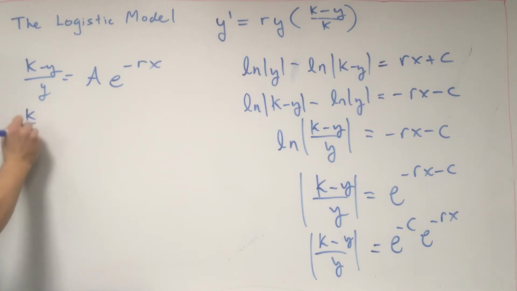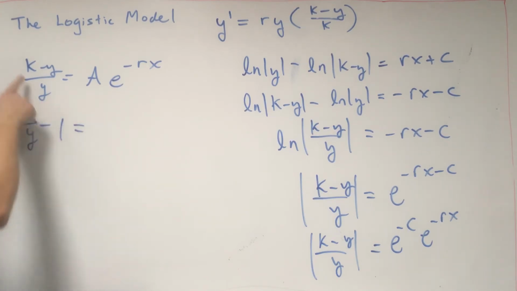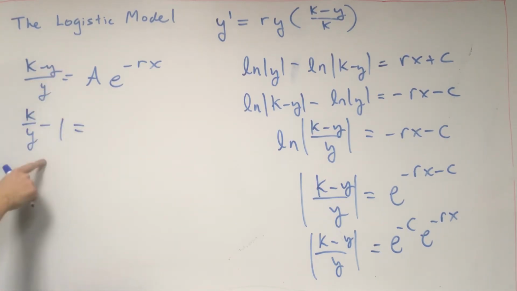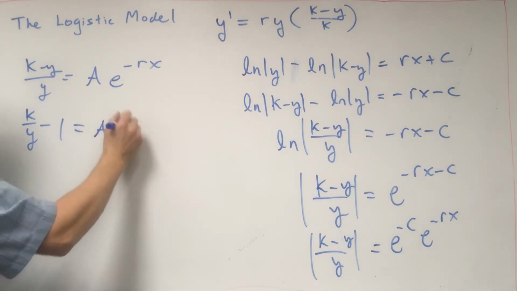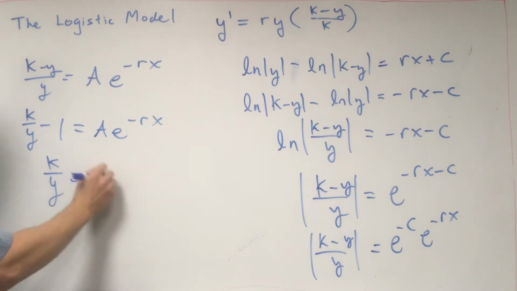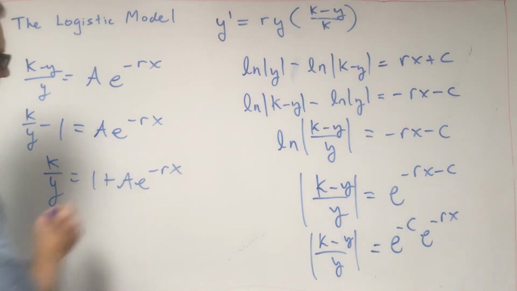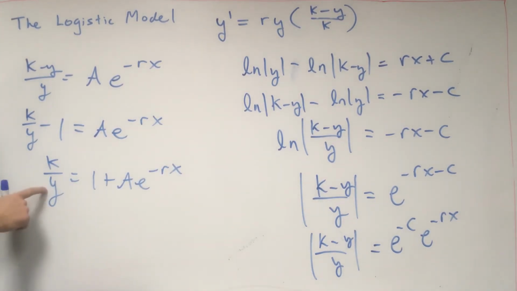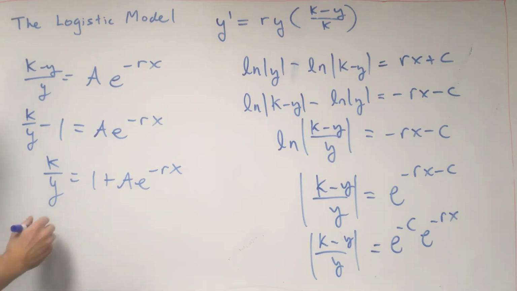On the left, I can separate k over y and y over y. I can add 1 to both sides. And now to solve for y, I'm going to reciprocate.